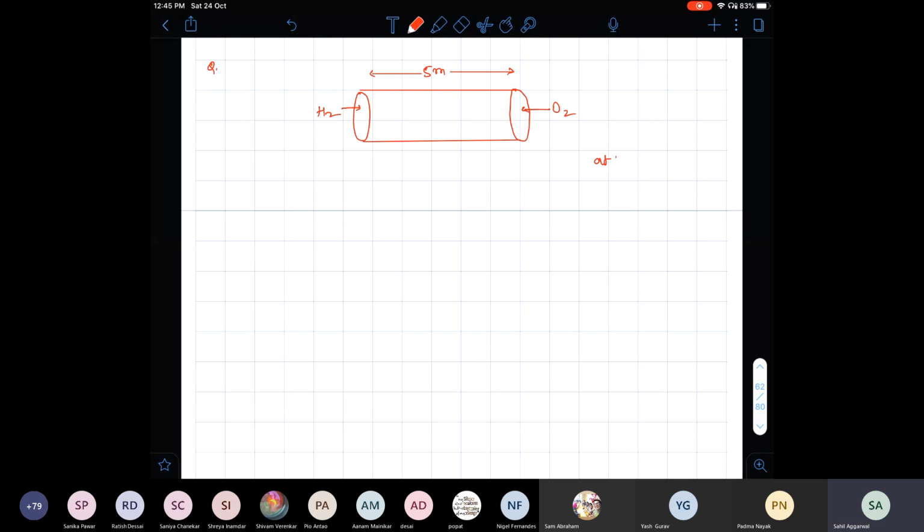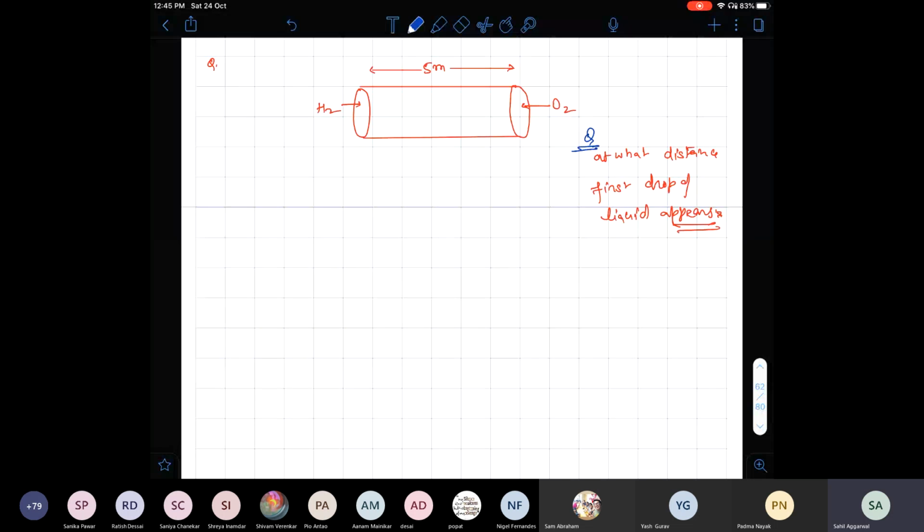At what distance does the first drop of liquid appear? At what distance does the first drop of liquid appear?